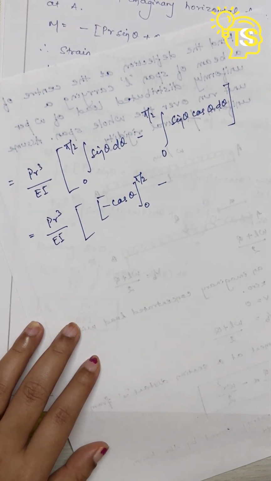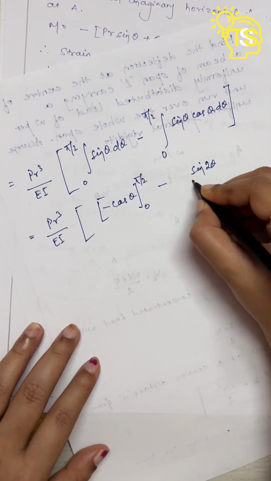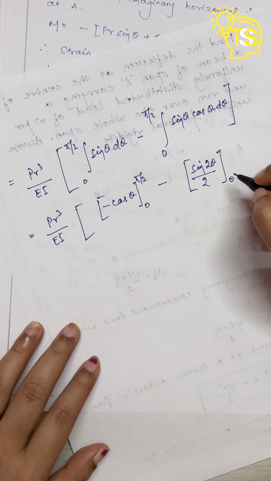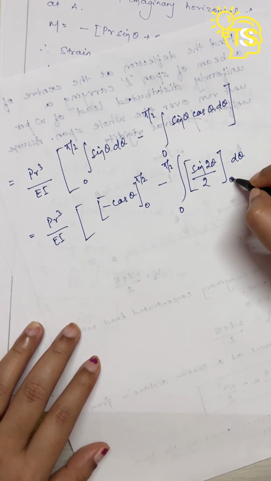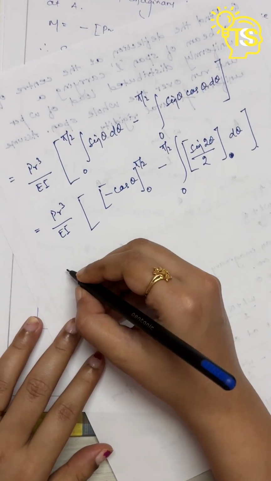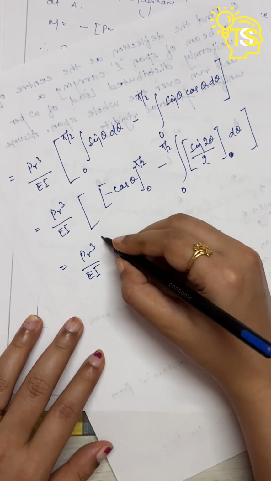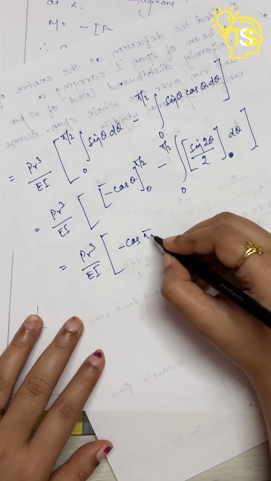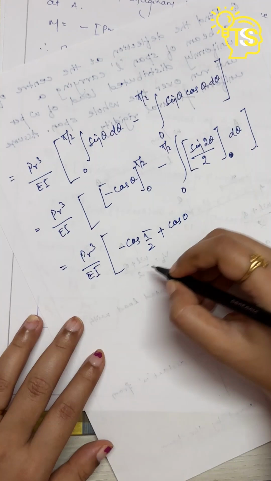Here in place of sin theta cos theta, we can write sin 2 theta upon 2, integrated from 0 to pi by 2 d theta. By putting the value of theta we will get minus cos pi by 2 plus cos 0.